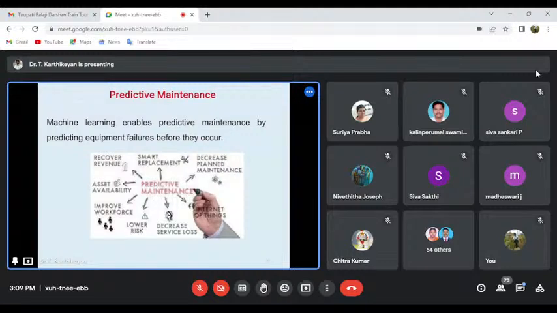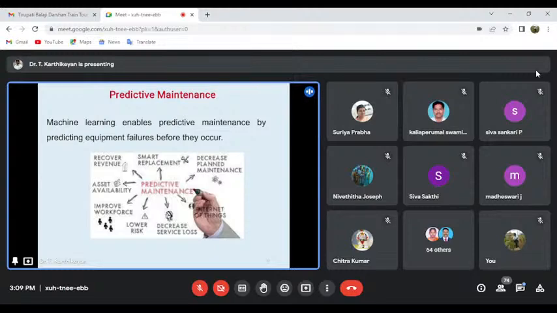Predictive maintenance is another thing. Machine learning enables predictive maintenance by predicting equipment failures before they occur, scheduling timely maintenance and reducing unnecessary downtime.